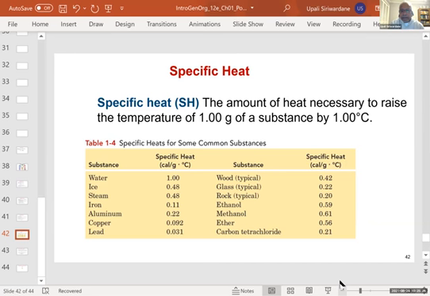Heat is absorbed, heat is released, maintaining a comfortable temperature on the surface of Earth for the well-being of biological organisms. So you can compare two specific heats and say which one has more heat capacity. More heat is required to increase the temperature.